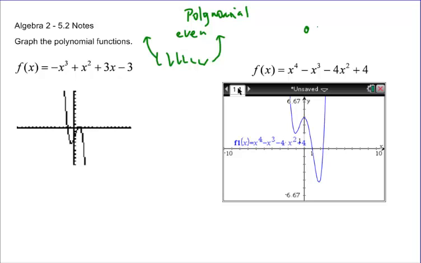And if you're an odd degree, you're going to have a graph that looks something like this, on the edges, with who knows what's going on in the middle. So this guy is definitely even because both arms are up. This guy is definitely odd because one is up and one is down. And you can look at different functions. You can type them in and just play around a little bit and see what happens.